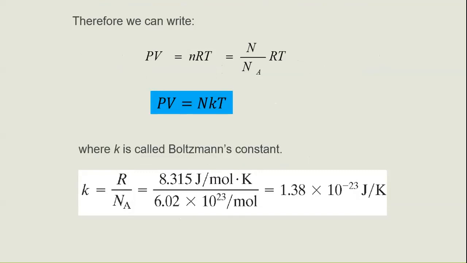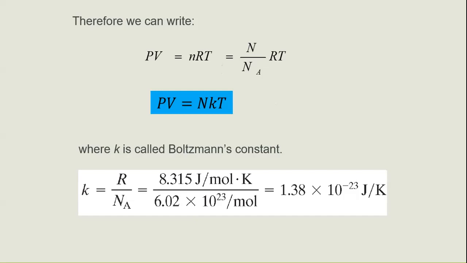This is just expanding on the ideal gas law. PV is equal to nRT, which is equal to N over NA multiplied by RT, and we have this new equation. Where did this new equation come from?